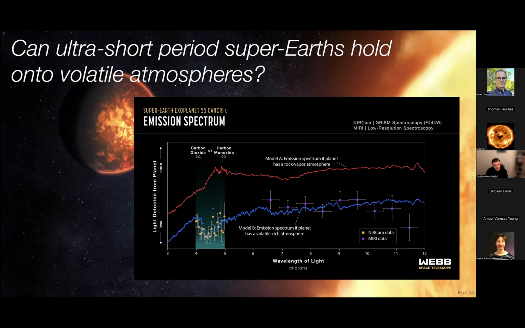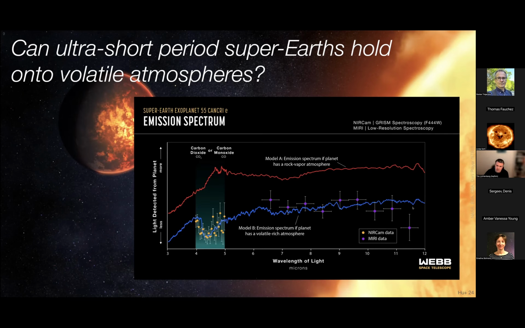So I will show a few cases why this is so timely. This here is the famous, or infamous, I don't know on which side of this debate you stand, emission spectrum of 55 Cancri from earlier this year, where the authors surprisingly couldn't fit the data they received, whether you believe this data or not, with a pure rock vapor atmosphere.